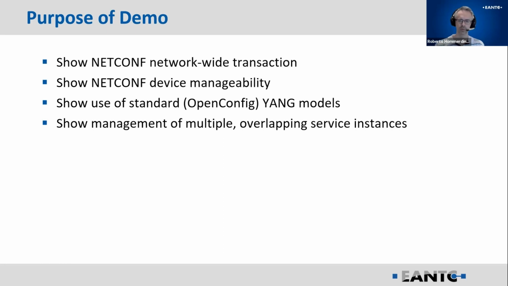During this demo, I will show you from the device's perspective that L3VPN services are fully functional after the configurations are pushed via NETCONF from the controller using OpenConfig YANG models.